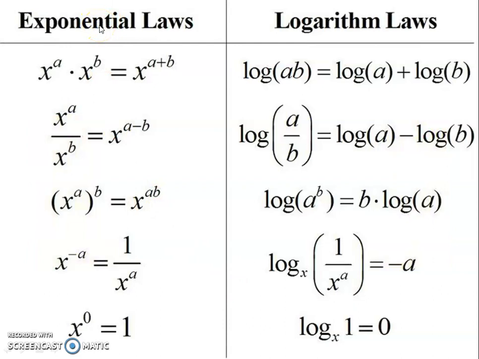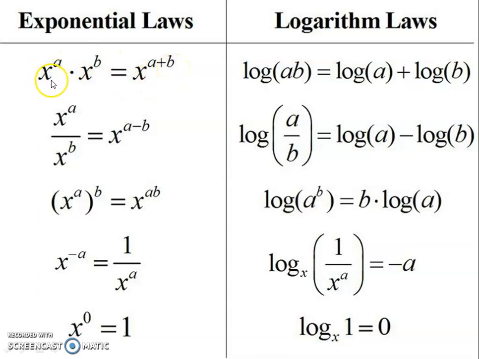To discuss the different types of examples in the chapter on logarithms, we must know the basic exponential laws. What are they? First is x raised to a into x raised to b, where x is a variable and a and b are numbers, is equal to x raised to a plus b.